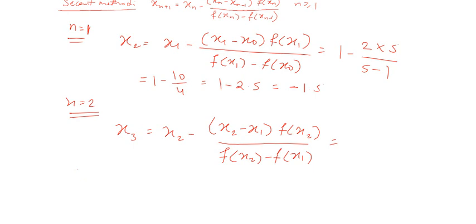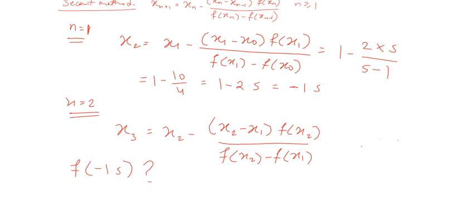So you need to find f of minus 1.5 by substituting x equals minus 1.5. Other values are already obtained in the previous step.